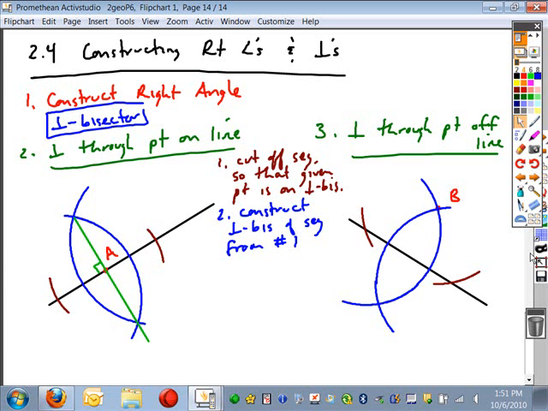If you wanted to draw the whole thing in, that's fine as well. Regardless, you can now connect your intersections, and you have, once again, your perpendicular through the given point, using just those same steps, again, same constructions that we've already talked about in the previous section.